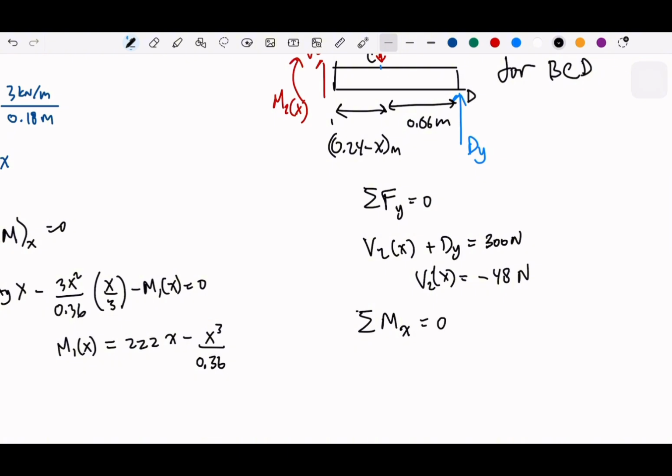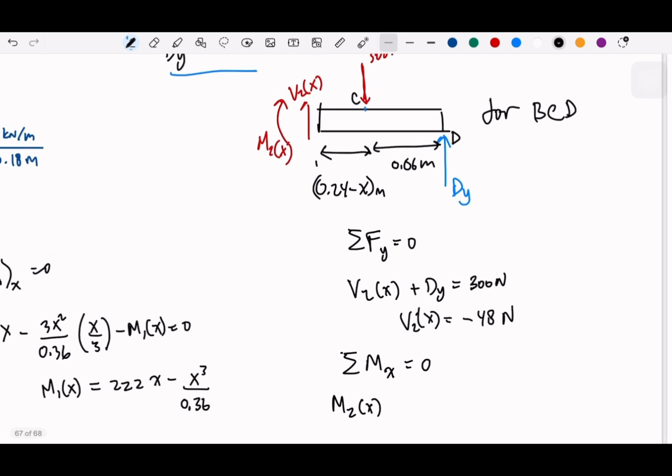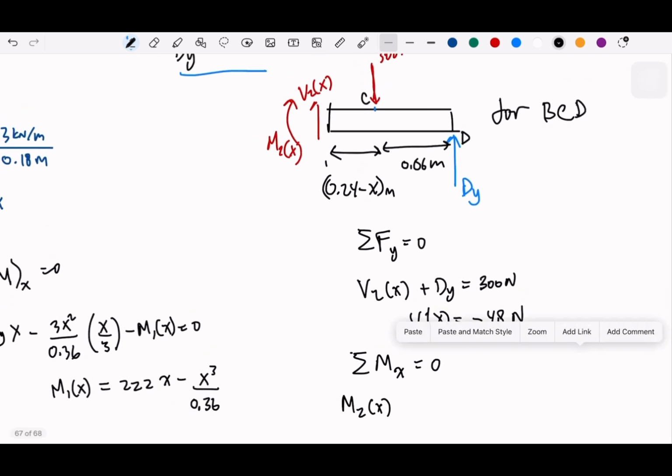This is equal to 0, so M2x minus 300, 0.24 minus x plus 348.